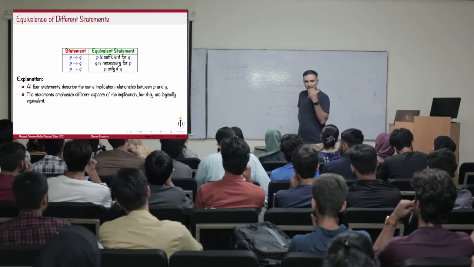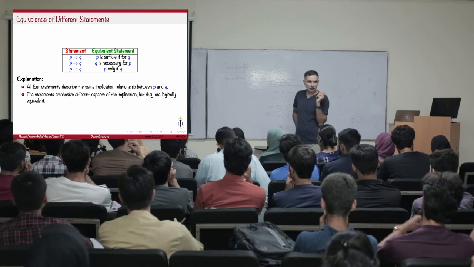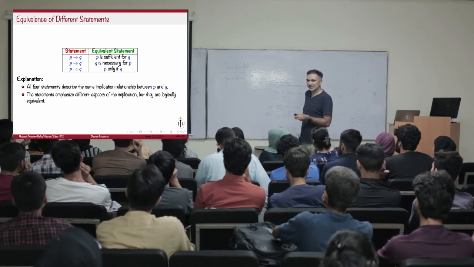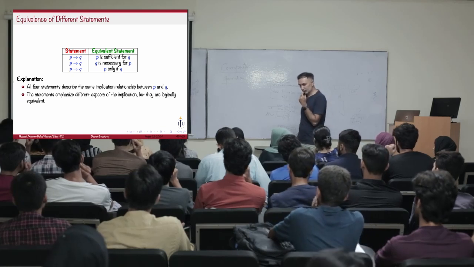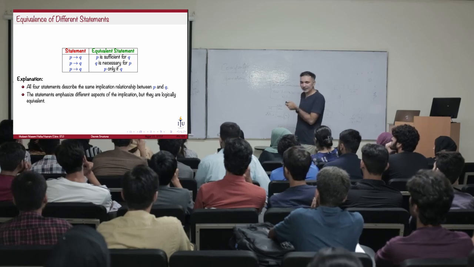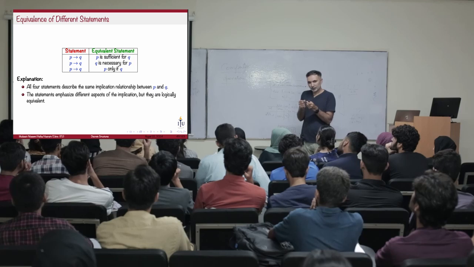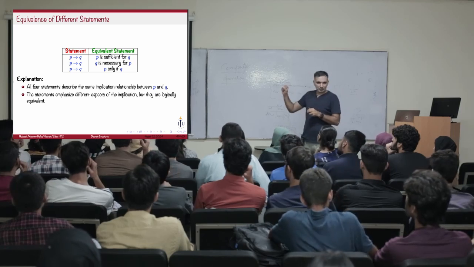So there are different ways in which we say the same statement, which is if P then Q. Here's one which says that P is sufficient for Q. That's why I was also using the word guarantee. If P is true, then you don't need anything else to be true for Q to be true.